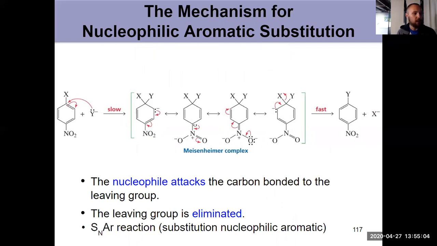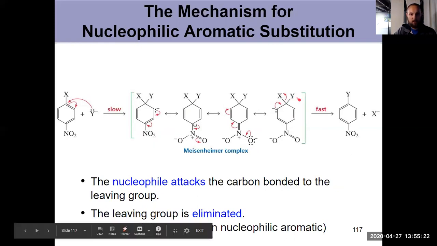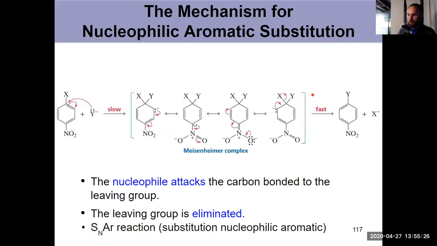And then that forms a resonance stabilized carbanion intermediate, known as a Meisenheimer complex. You see how that carbanion is stabilized throughout the ring, similar to how our positive charge was before. And then when we reestablish the aromaticity over here, our leaving group is eliminated. So the mechanism's a nucleophilic substitution, but overall it's pretty similar to what we've seen in the past.